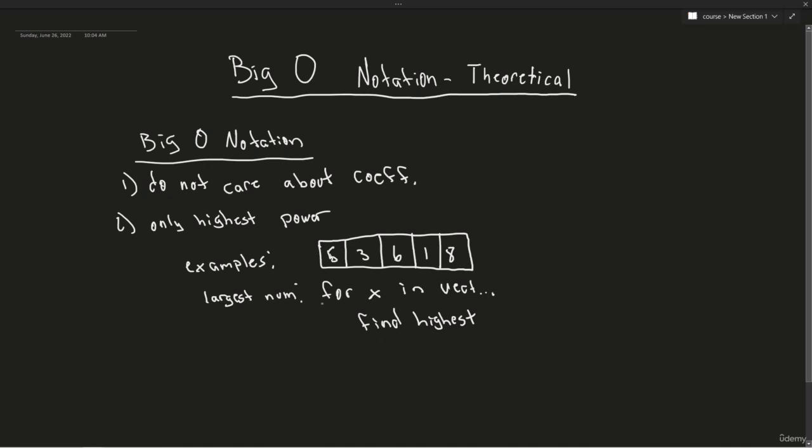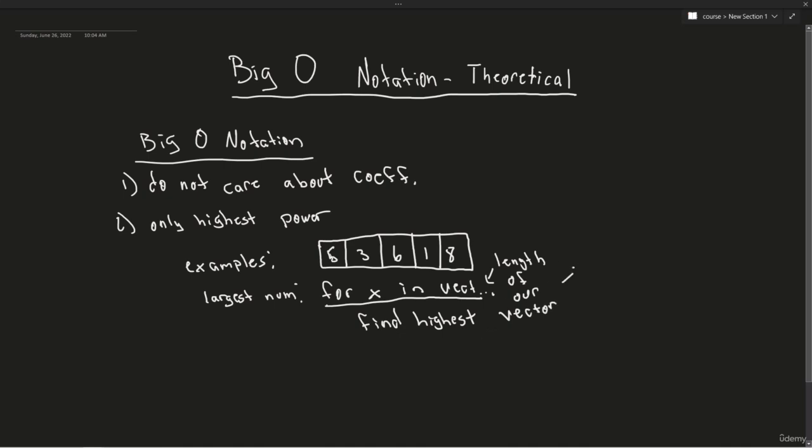So for this iteration right here, we know that x is going to be the value in here, right? So that's how many times we're going to go through. And for x in vector, this is going to be the length of our vector.